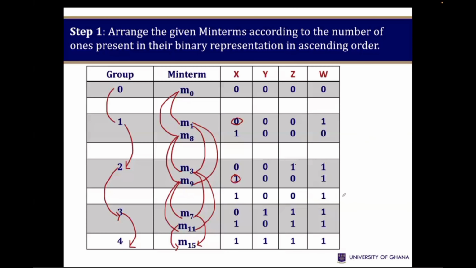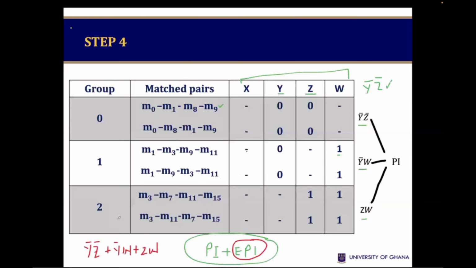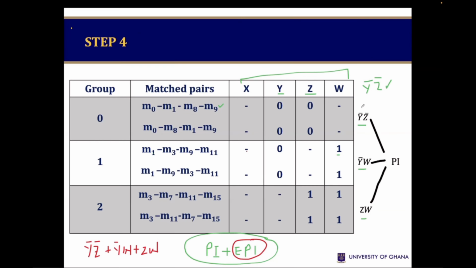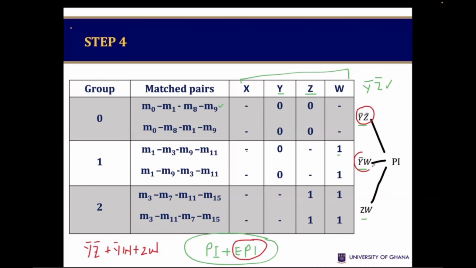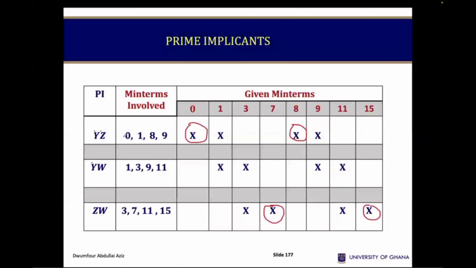So step 5 says that we should write the obtained min terms. We have the obtained ones, which are 3 sets of min terms, each corresponding to the terms we have obtained. The min terms corresponding to this first one are 0, 1, 8, 9.